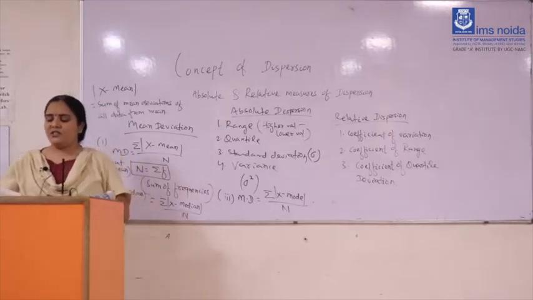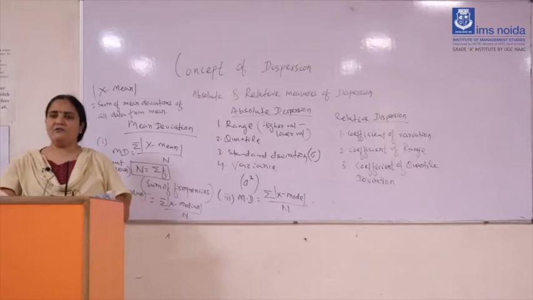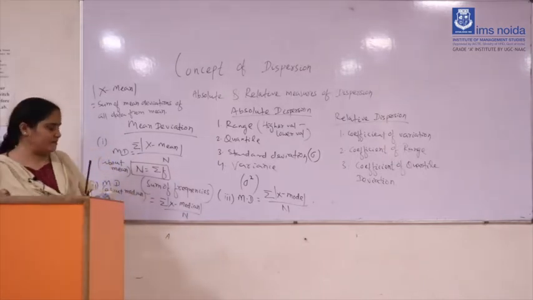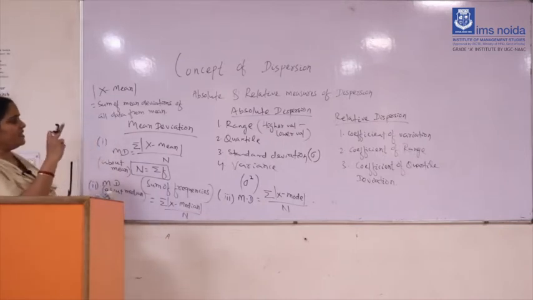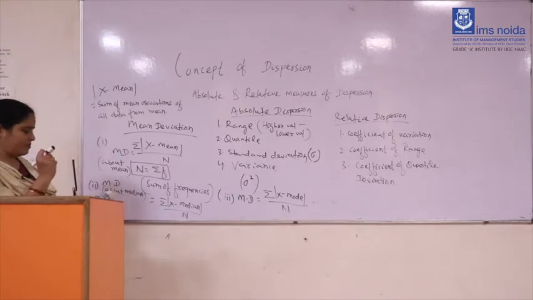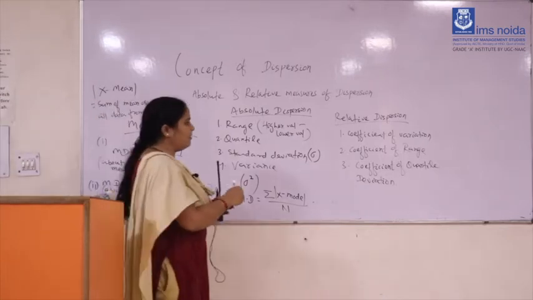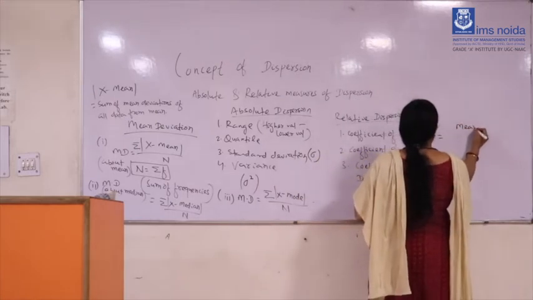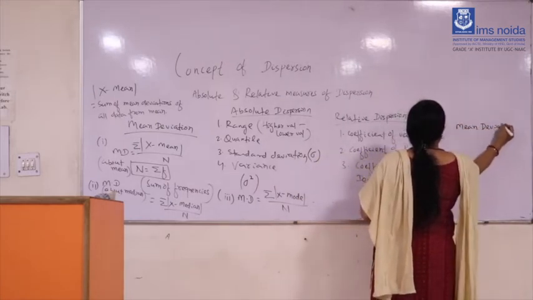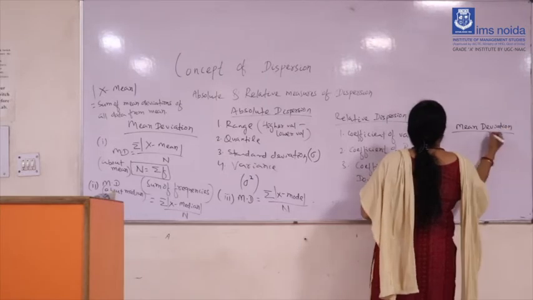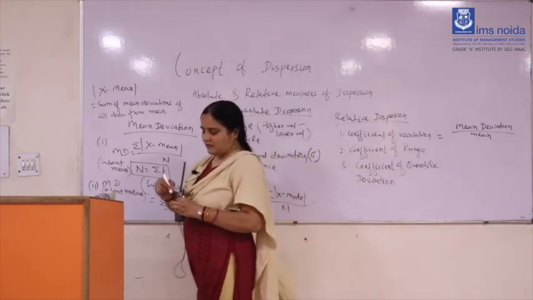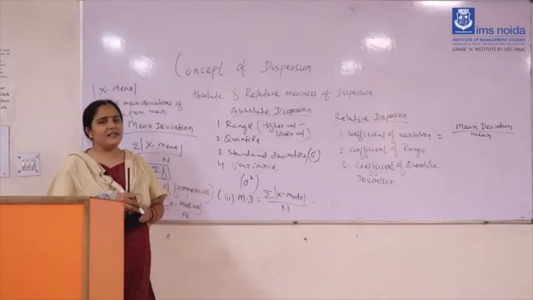Then coefficient of mean deviation. How do we find the coefficient of mean deviation? That means mean deviation by mean. The coefficient of deviation comes under relative dispersion. So you take whatever value you get in mean deviation, divided by mean. Like this you can find the mean deviation about median divided by median.